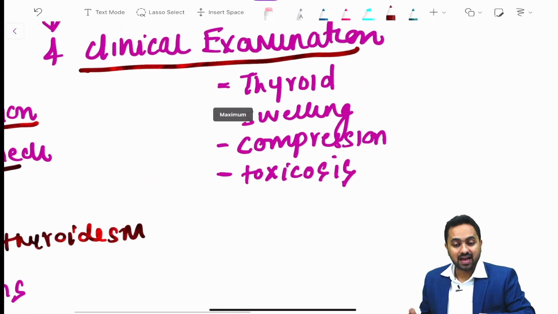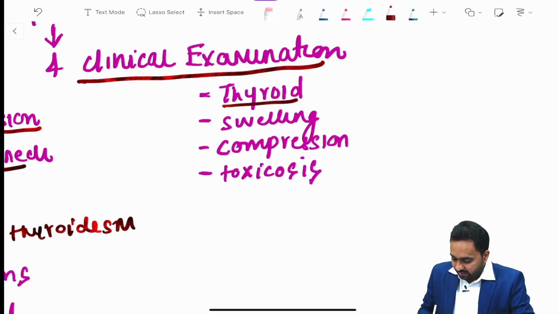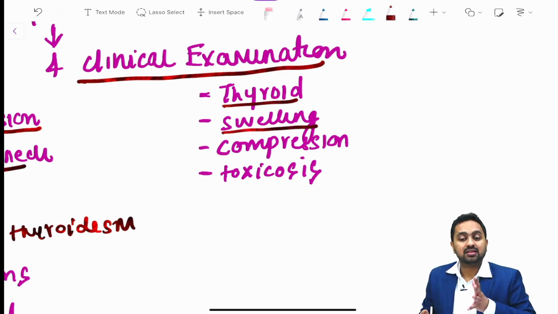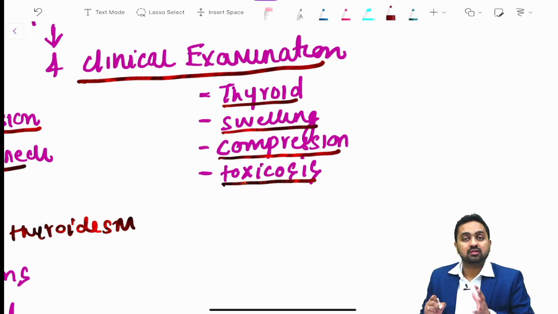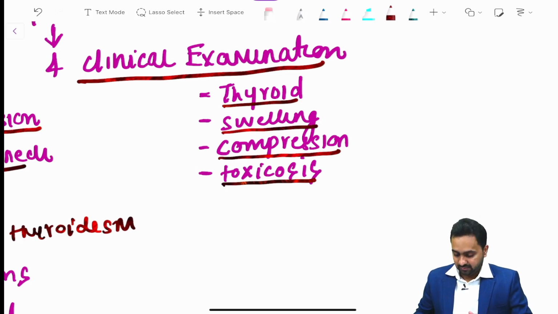And the clinical examination would include your thyroid examination, examination of the swelling proper, and looking for any compressive features or signs of thyrotoxicosis, like eye signs, right.